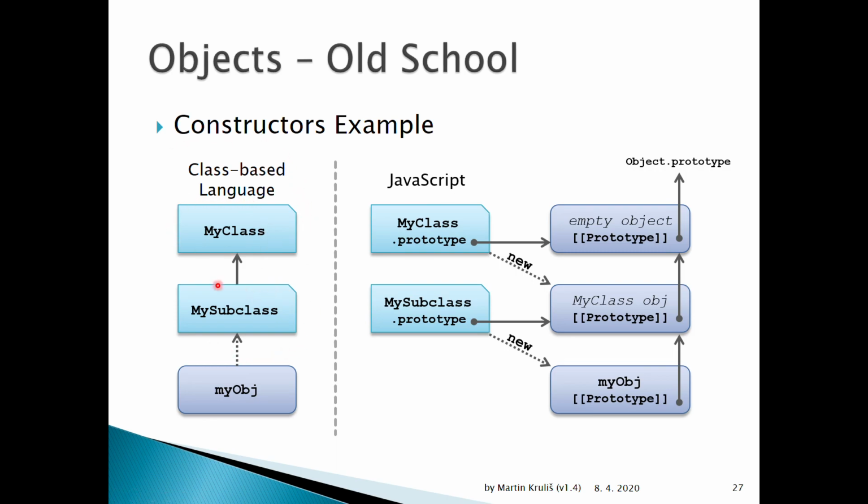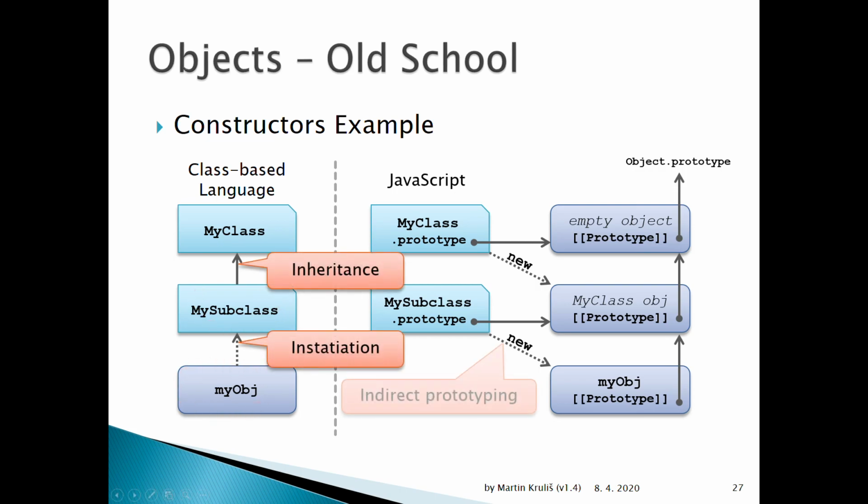So we have a class and a derived class and an instance of this class. In the case of JavaScript, we need a constructor function for each of these classes. However, each constructor function is also associated with a prototype object. So the prototype chain is still there. The prototype chain was still present.